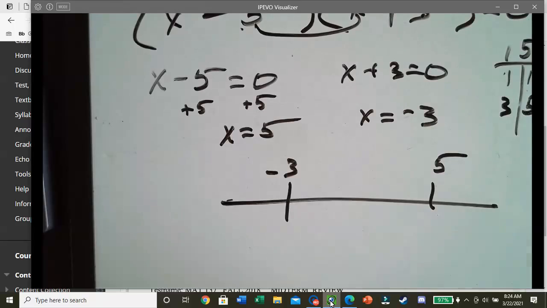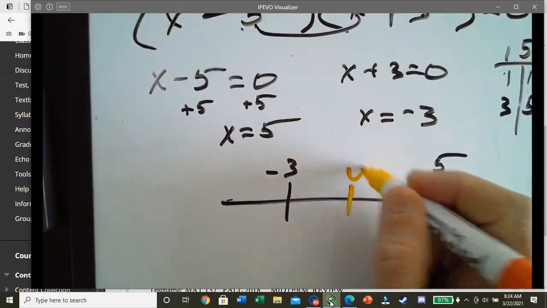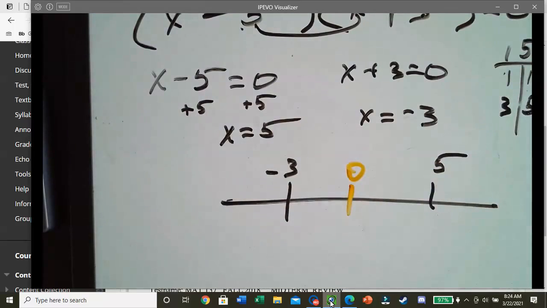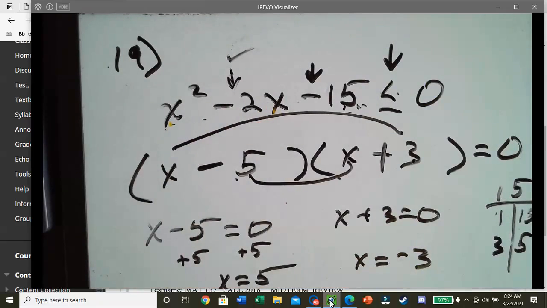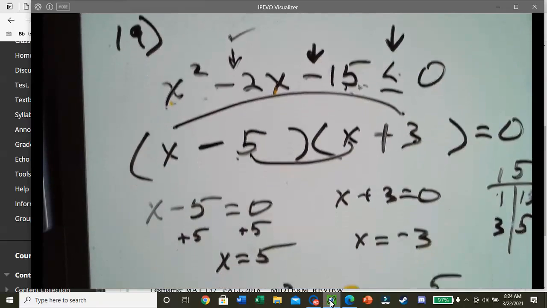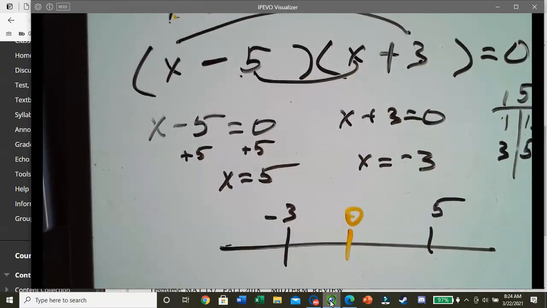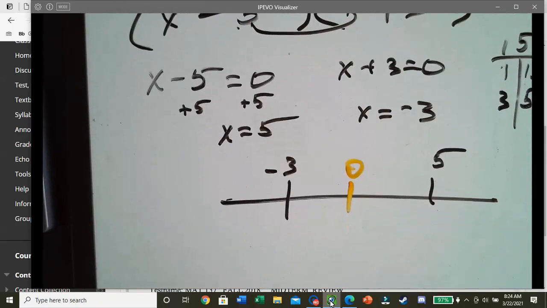And 0 is the easiest test point to use. Because with 0, you just put 0, and whatever's left over is your answer, right?